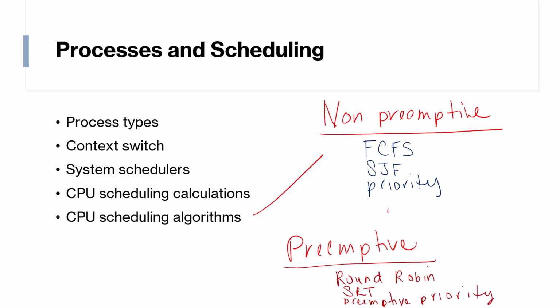And there are a lot of other algorithms out there where they're always coming up with new ideas for different types of algorithms, but these are basic CPU scheduling algorithms that give you a good sense of how they work and how you can compare how these different algorithms work with different types of processes.